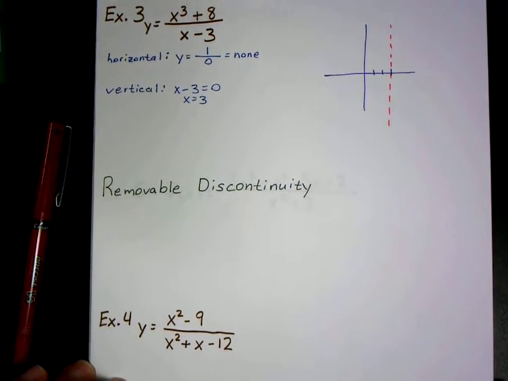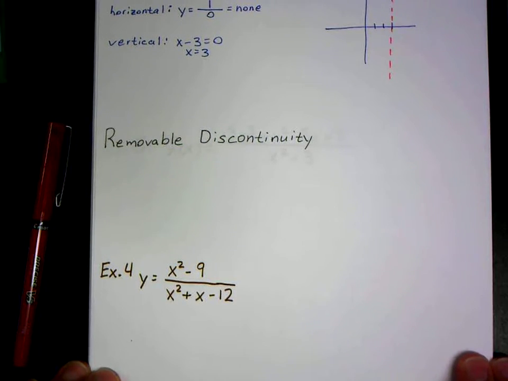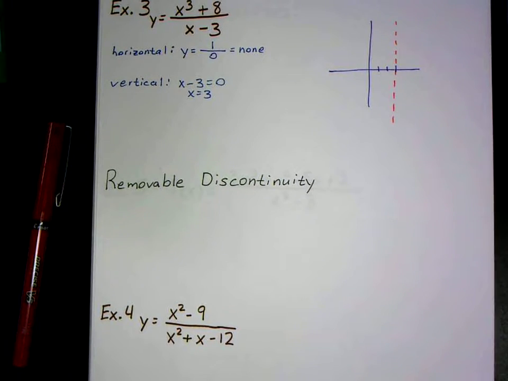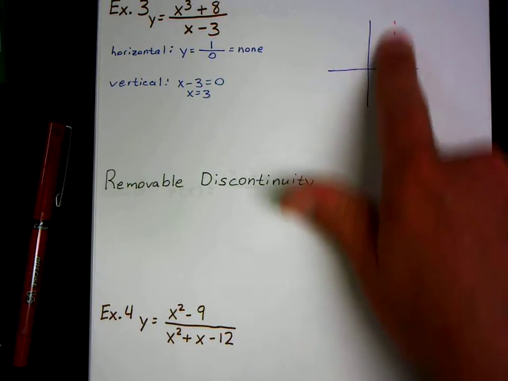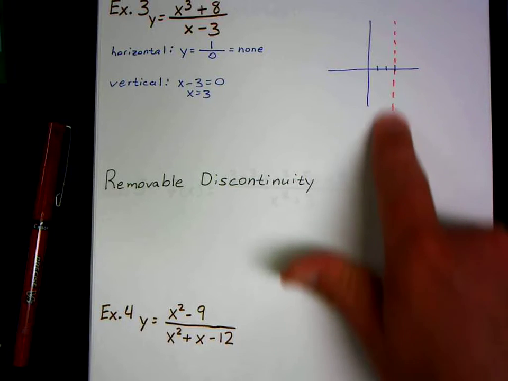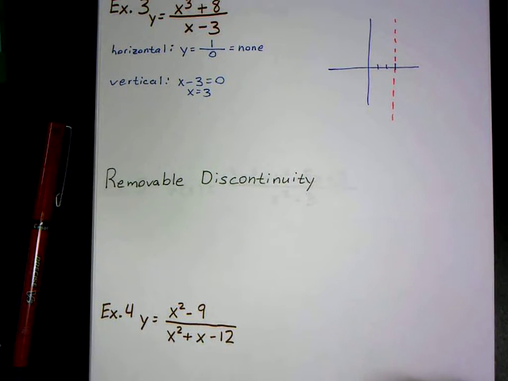Okay, removable discontinuity. Now, discontinuity is a fancy word for what's happening here. These are discontinuities. Discontinuities are places in your graph where if you were tracing it, you would have to pick up your pencil.